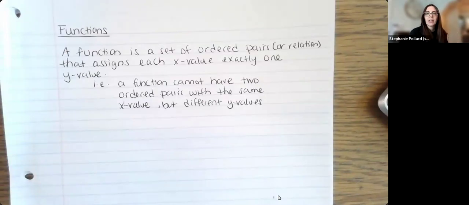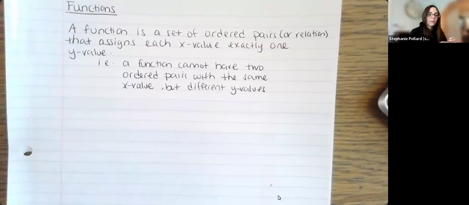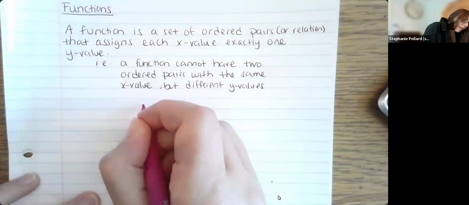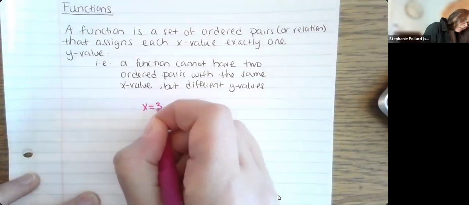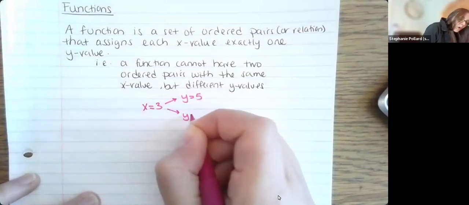In other words, a function cannot have 2 points with the same x value but different y values. So it's easier to understand what's not a function. For instance, let's say you had an example where x equals 3 goes to both y equals 5 and y equals 1.